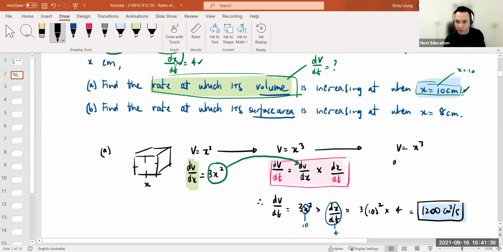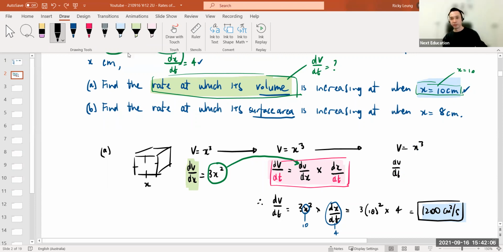Whenever you're differentiating with respect to t, and the formula is in terms of another letter, all you have to do is differentiate like you normally would, bring down the 3, minus 1 to the power, and because this was a different letter, multiply by dx/dt to work the chain rule in there. That's the process for me to do.